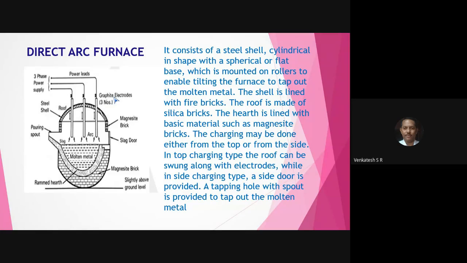The 3 graphite electrodes are placed in the shell of the roof of the furnace, and all 3 are connected to 3-phase power, that is 440 volts, the current 15 amps, and the frequency 50 hertz.